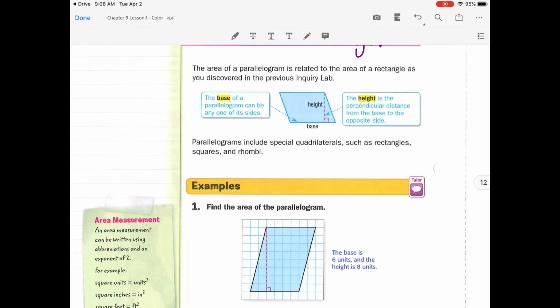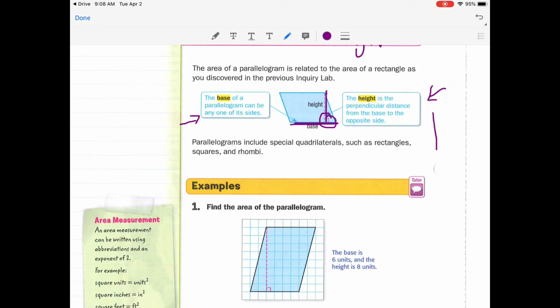So here's an example of a parallelogram. Okay, remember a parallelogram is a quadrilateral with the opposite sides being parallel and the opposite sides being the same length. So you're going to see right here, this is where the base is, and it says the base of a parallelogram can be any one of its sides. The height, notice, is right here. When you are looking for the height, you are going to want to look for this 90-degree angle, okay, a right angle.